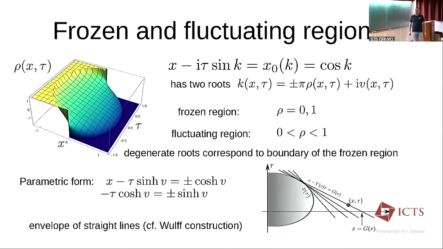So I'm continuing with my program. I'm solving this equation. In this simple case, this equation has two roots, which are related by the symmetry plus minus rho. But these two roots can be either purely imaginary or have positive and negative real part.